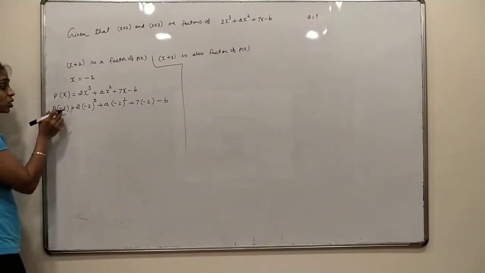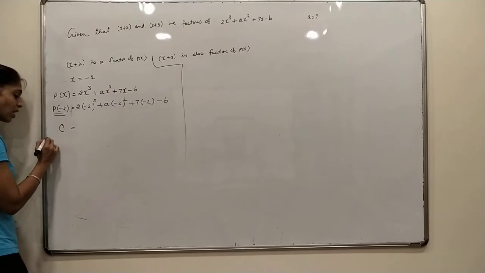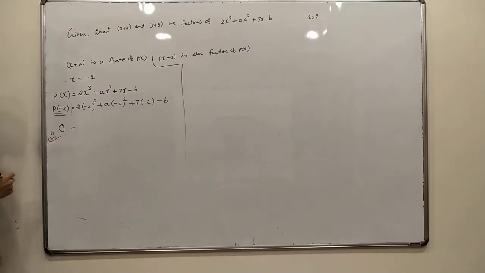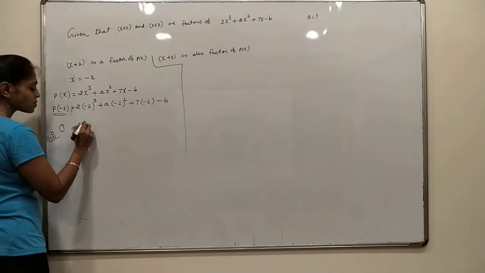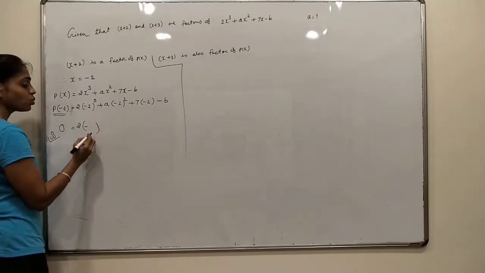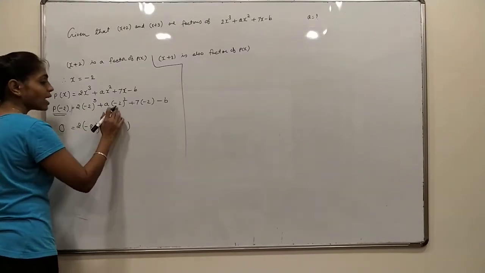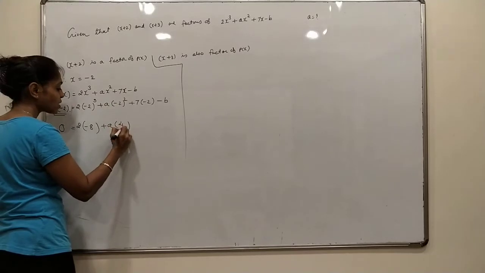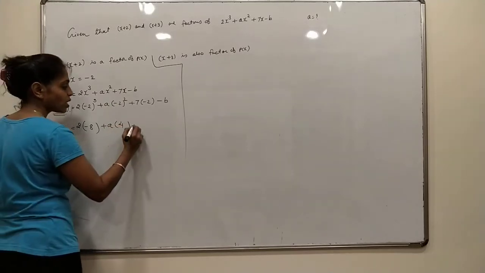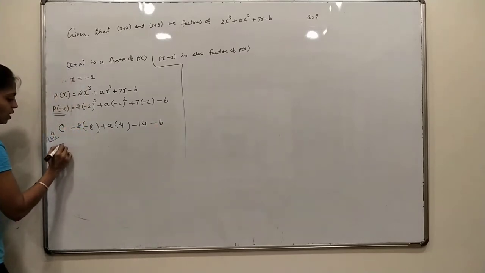But it is a factor, so the remainder p of x is 0. If it is a factor, the remainder is 0, which is very important. 2 any negative number to an odd power is negative, 2 2s are 4, 2 4s are 8. A negative number to an even power is positive, 2 square is 4, plus minus minus 14 minus b.